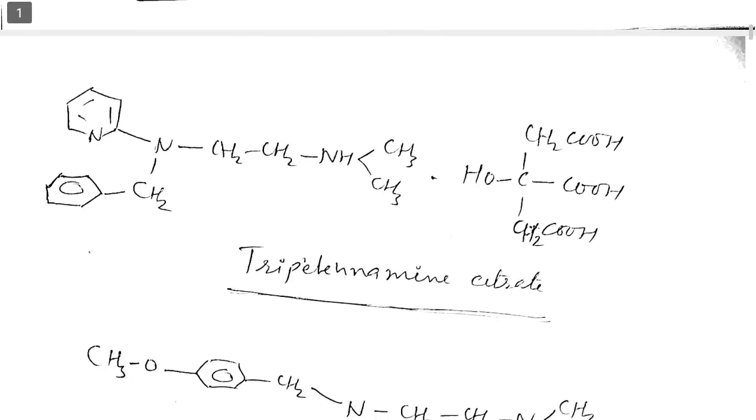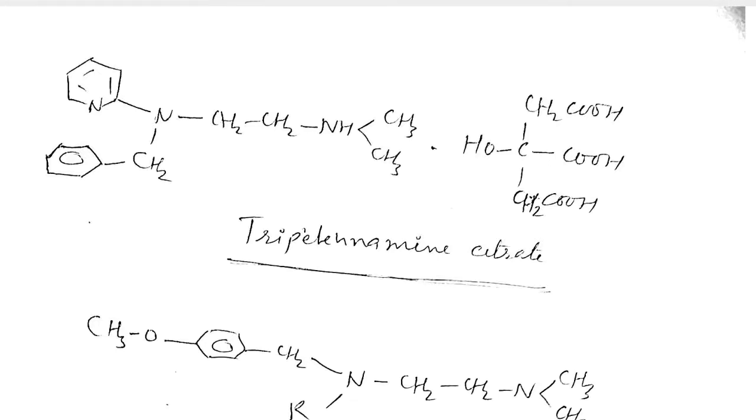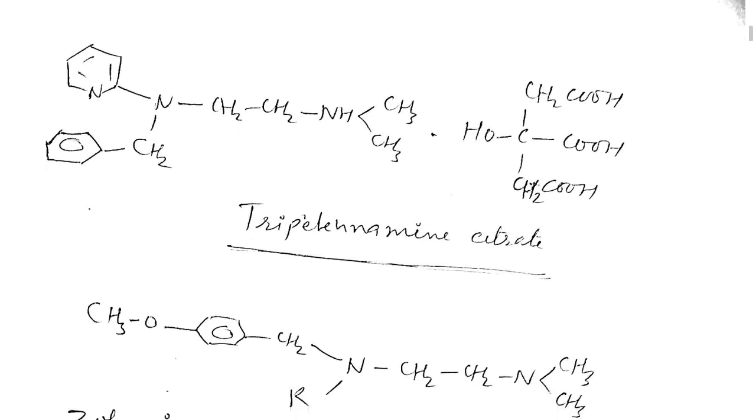Another example of this category is tripelennamine citrate. Citrate is again a salt, and you can see the structural similarity: the ethylene group and the diamino group are there. One amino group contains dimethyl groups and the other nitrogen contains a pyridine ring, but compared with the previous one there is a benzyl group here. So these are again substitutions.